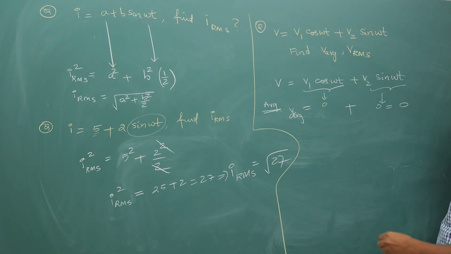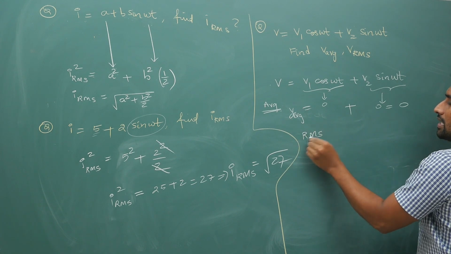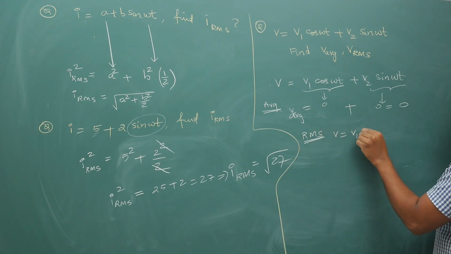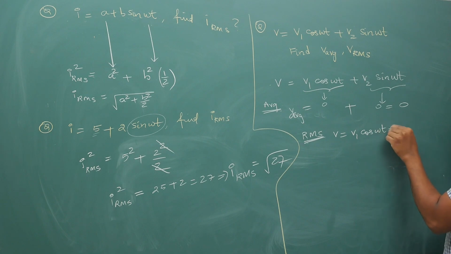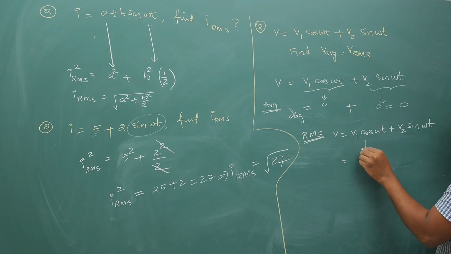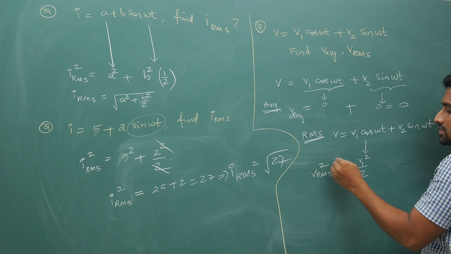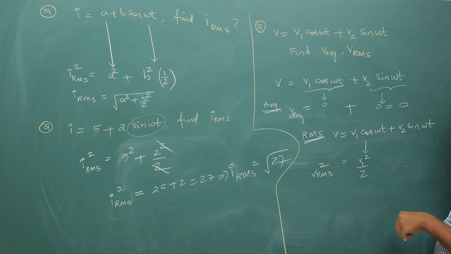Next, coming to the RMS calculation, V equal to V1 cos omega t plus V2 sin omega t. When you are doing the integral of V square, for the cos omega t term, V RMS square, for cos omega t or sin omega t, I have told you it is V square by 2.